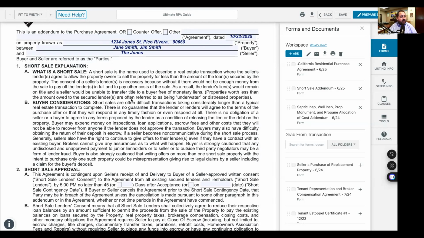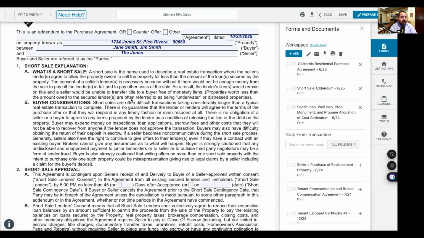Buyers may also have difficulty obtaining the return of their deposit in escrow if a seller becomes non-communicative during the short sale process. Generally, sellers also have the right to continue to give offers to their lenders even if they have a contract with an existing buyer. Brokers cannot give any assurances as to what will happen. Buyers are strongly cautioned that any undisclosed or unapproved payment to junior lien holders or to seller or outside third-party negotiators may be a form of lender fraud.